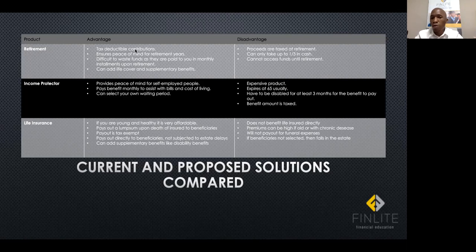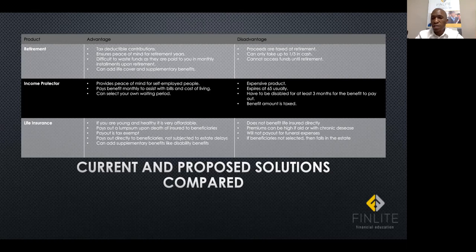Retirement obviously has, as its foremost benefit, tax deductibility. Tax deductibility means you are able to invest and put away your money for the future, but it also becomes tax deductible. We look at this when we do our tax unit standard.